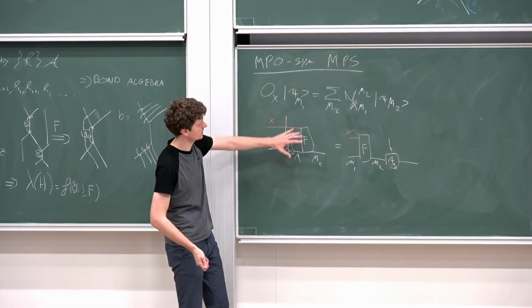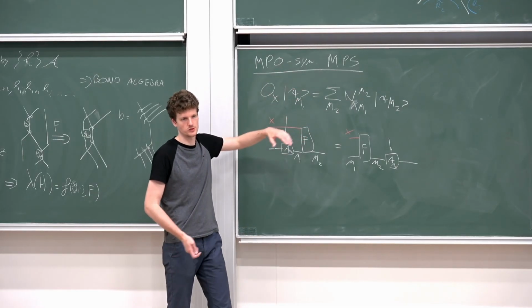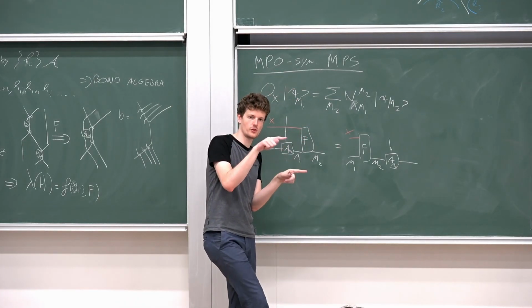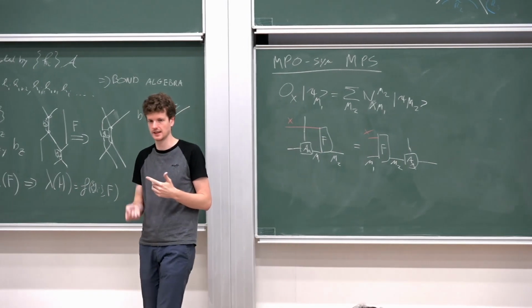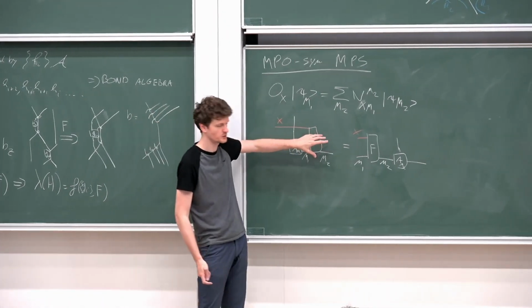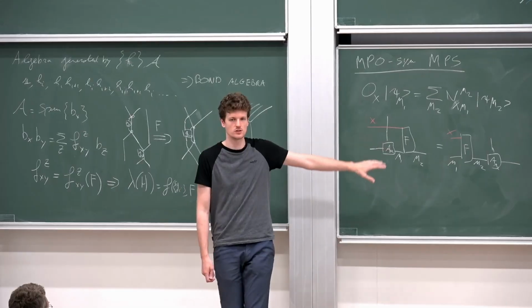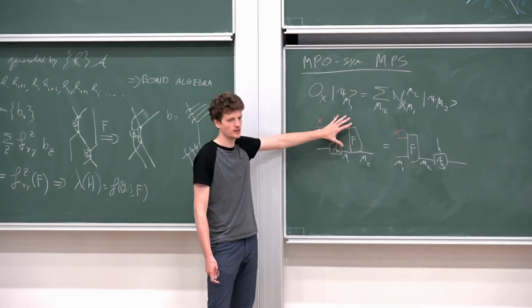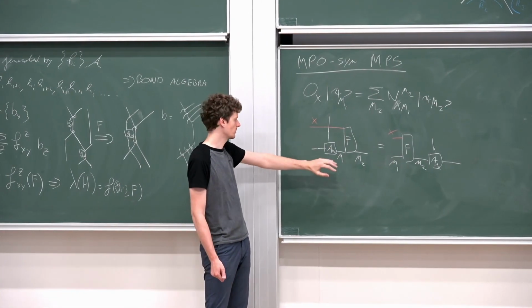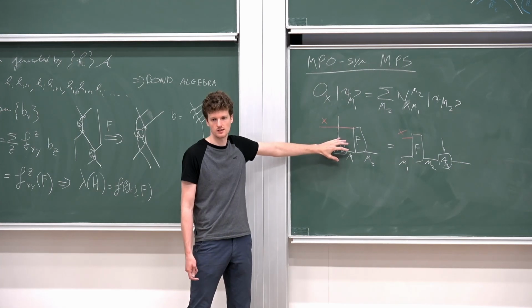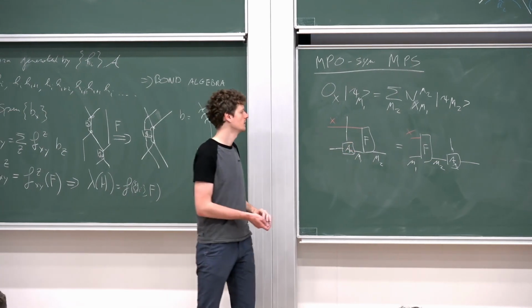I'm using the same logic that I used before when talking about products of matrix product operators, to say that there exists some tensor that implements this product at the level of these local tensors. The only difference is that one of these things is not an operator, it's a state, but it's exactly the same argument.